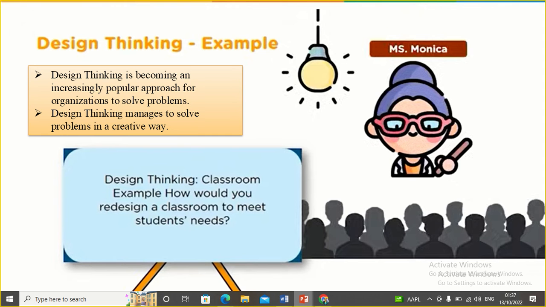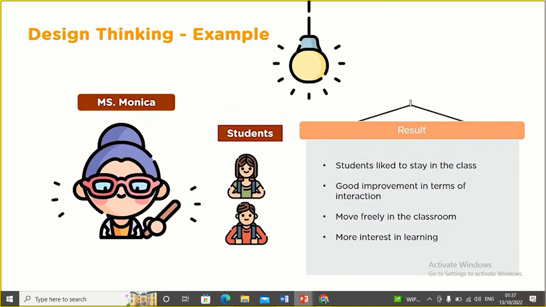When she did this interior design after the deliberation with the students, it became successful. How did it become successful? Since she created the interior design in such a way as to address the collected needs. So she collected these through deliberation with students, right? According to those points, she designed the interior decoration of the class.